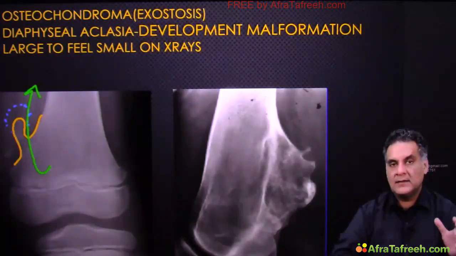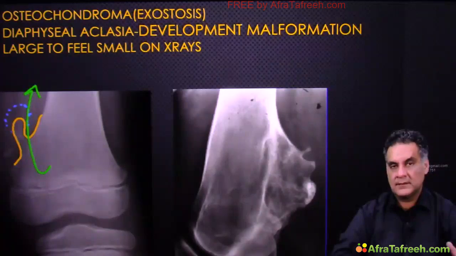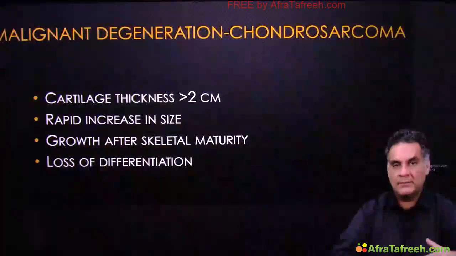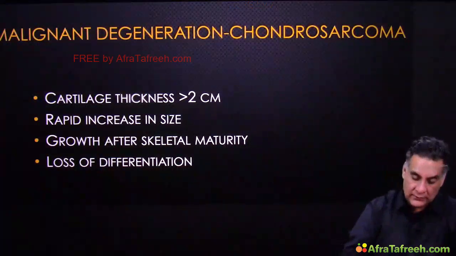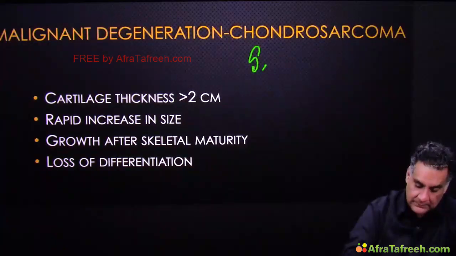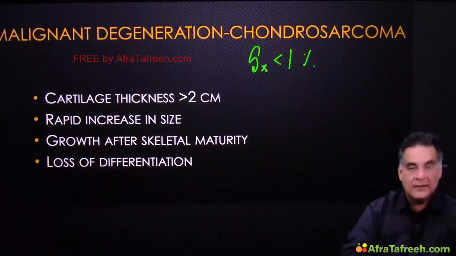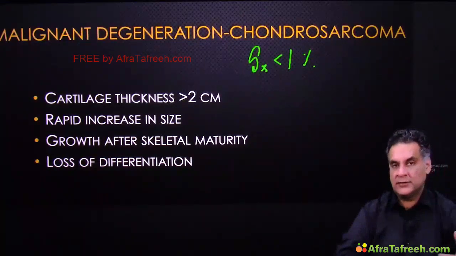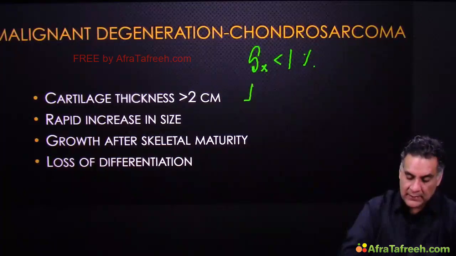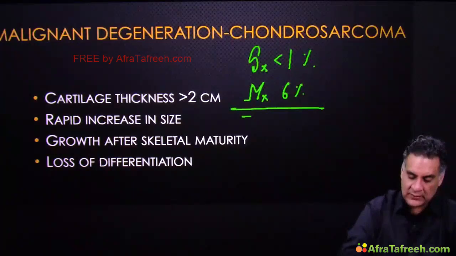They are developmental abnormalities, developmental malformations. They are pre-malignant. Solitary osteochondroma, in less than 1% of cases, can turn malignant into chondrosarcomas, whereas multiple, 6%. The ratio between the two is 1:6.